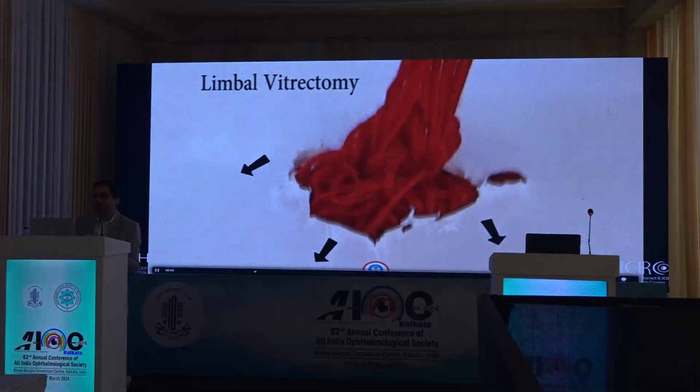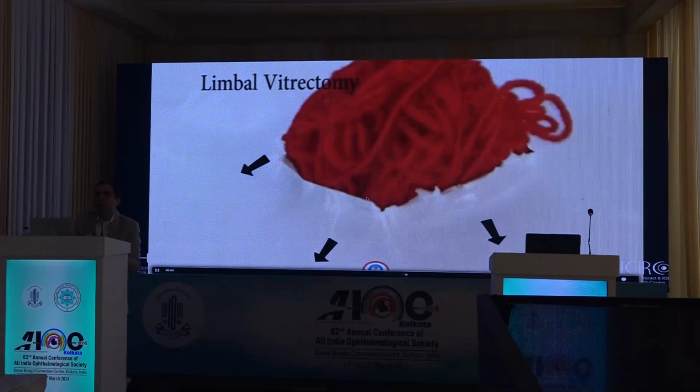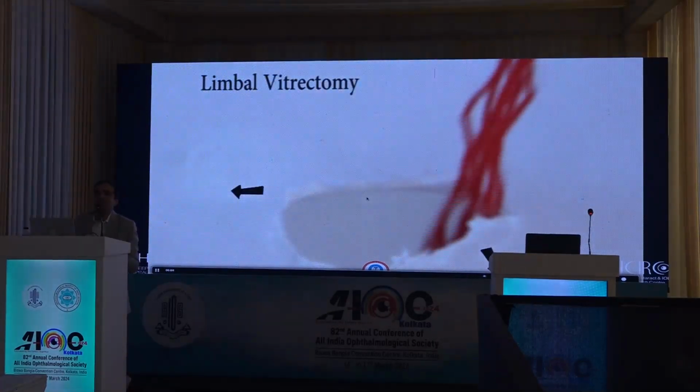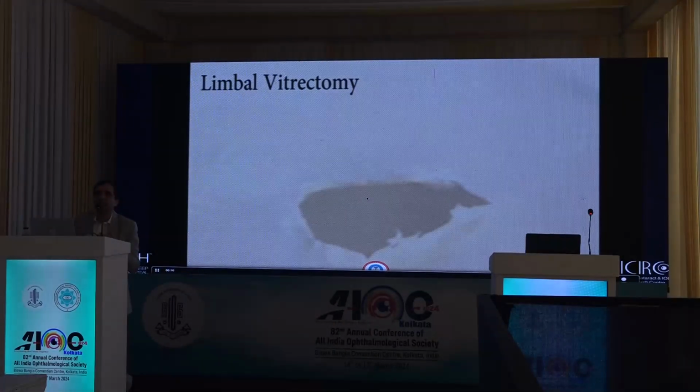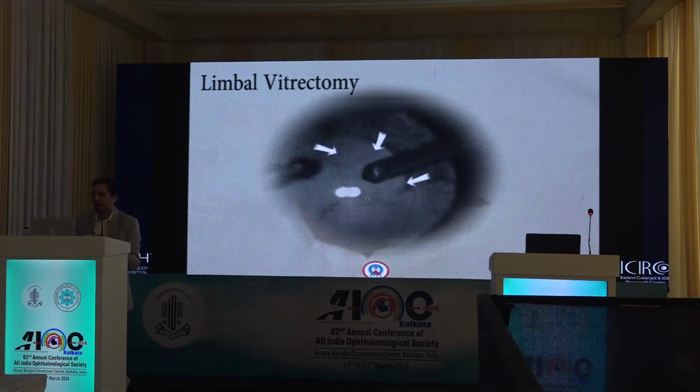The major limitation of limbal vitrectomy is that when you drag from above, you are dragging a larger amount of vitreous body, and generally the posterior capsular tear enlarges. But I really appreciate Dr. Megur's previous presentation showing tricks on how to prevent that from occurring even from the limbal route.